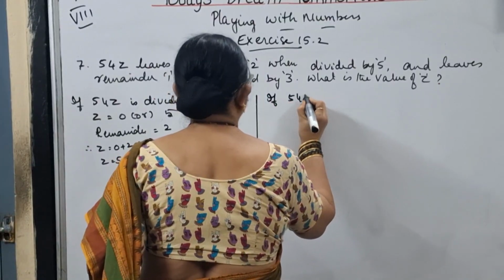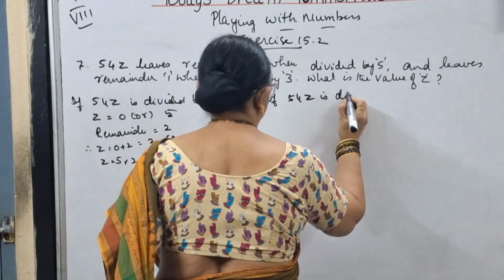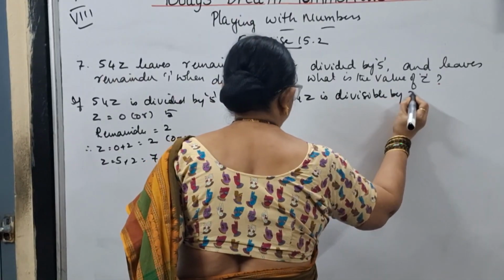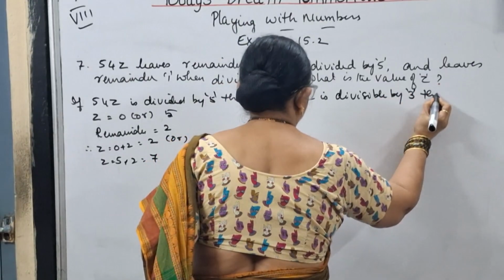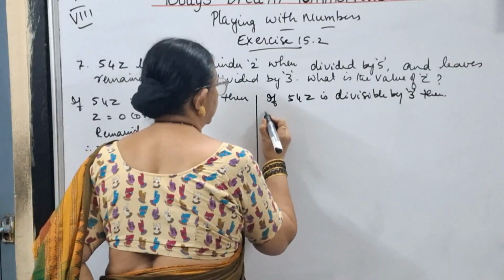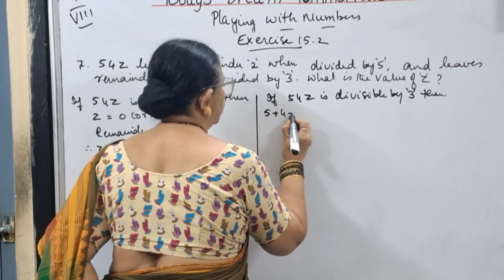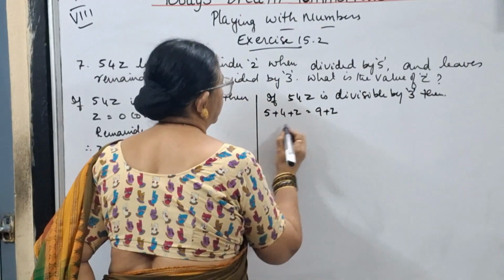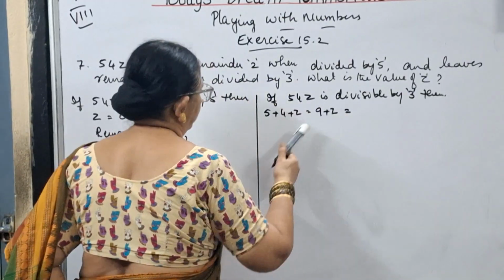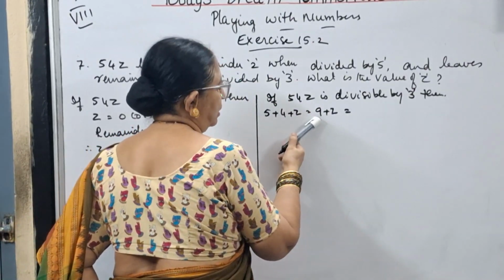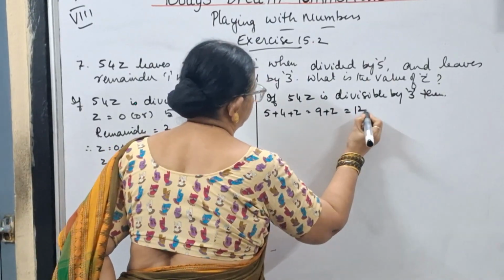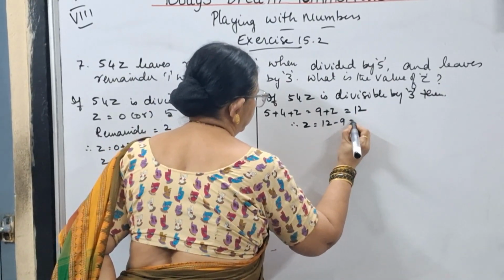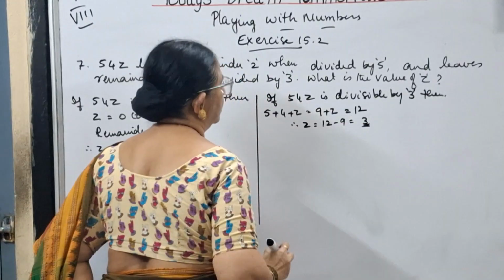If 54z is divisible by 3, then 5 plus 4 plus z, that is equal to 9 plus z. That will be equal to, see, 9 plus z means already 3 3s are 9 is finished. It should be equal to 12. Therefore, z is equal to 12 minus 9, that is 3.